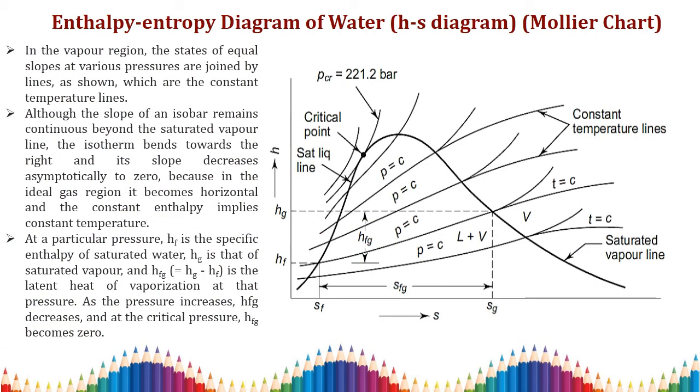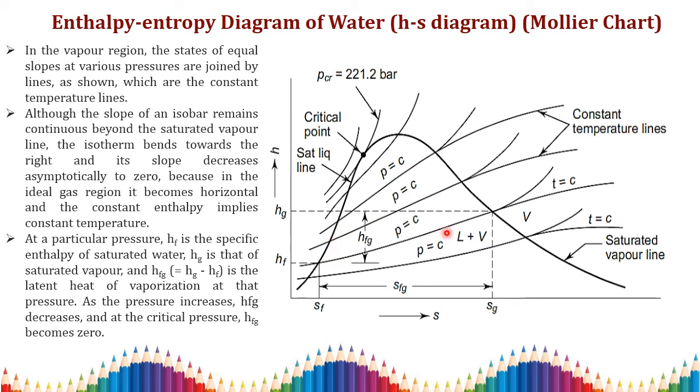Then this is your final enthalpy and entropy diagram. In this diagram, this is your saturated liquid line, this is your critical point, and this is your saturated vapor line. At this point we observe HF, the specific enthalpy at the liquid line, and this is the specific enthalpy at the vapor line. The difference between these two is the enthalpy difference, HFG, between the liquid plus vapor region.